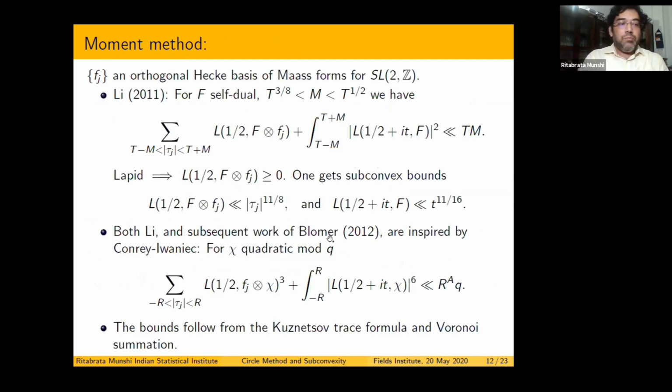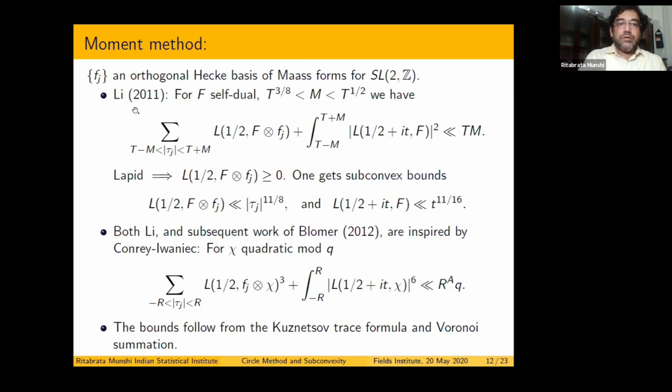So the moment method has been used to get subconvex bounds in this case. Let me fix an orthogonal Hecke basis for the space of Maass forms for SL2(Z). We know the spectrum is discrete, so f_j is giving you an enumeration of that.